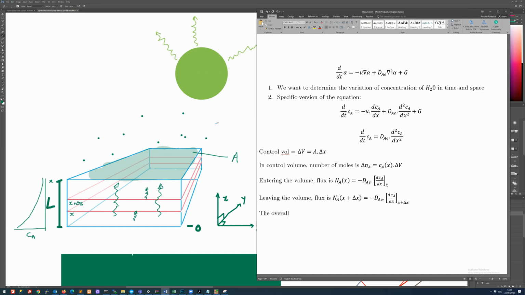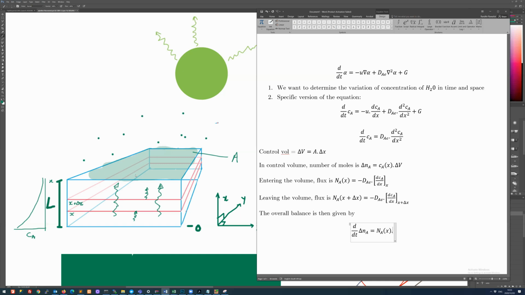We can say then that the overall balance is given by the rate of change of the number of moles there. So d/dt of delta nA, the rate of change of the moles in that subvolume, equals the entering flux. So it's going to be NA at position X multiplied with the area that's normal to that flux. If you look on the picture again, you've got the flux pointing up in this direction.